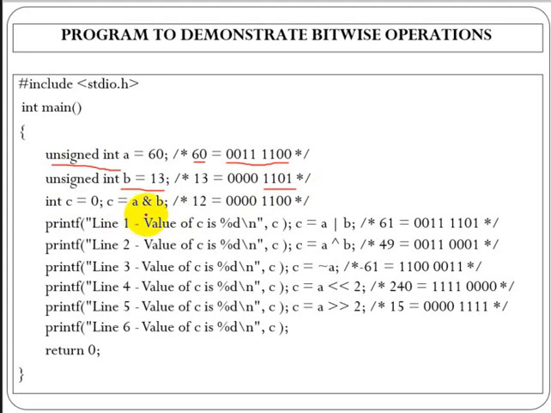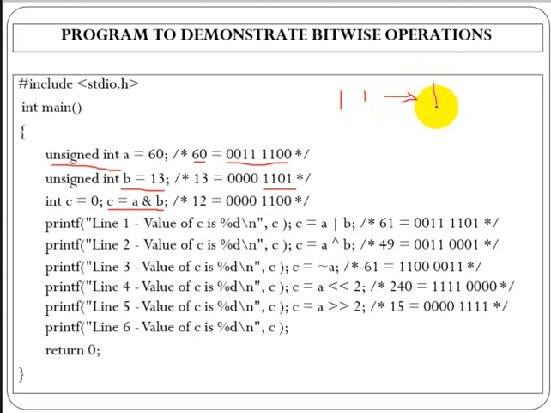When we perform the AND operation, A and B, in an AND, whenever you get 1, 1, only then is the output going to be 1.